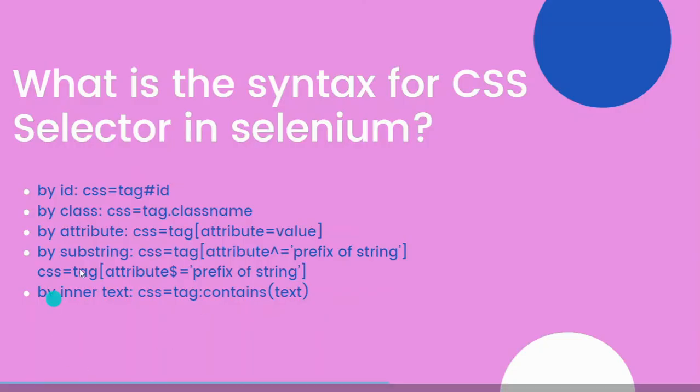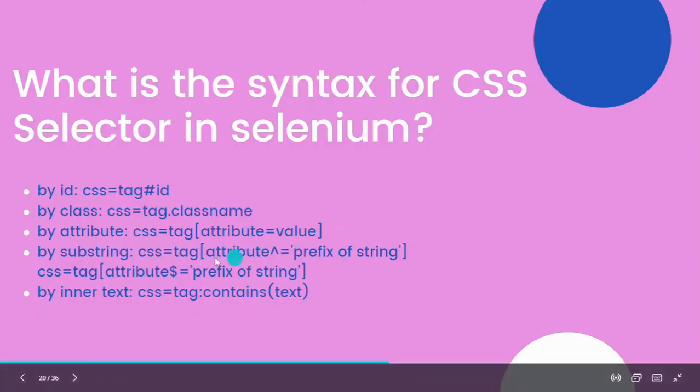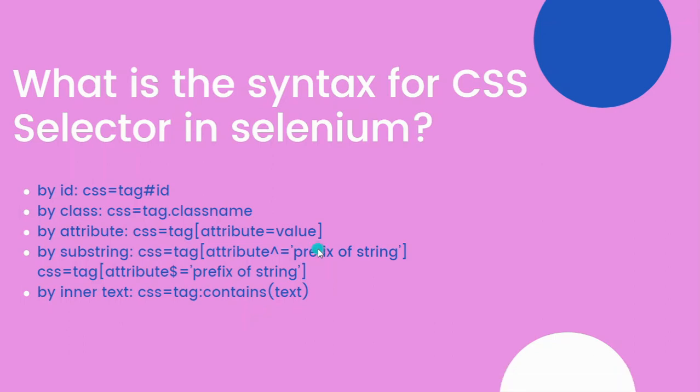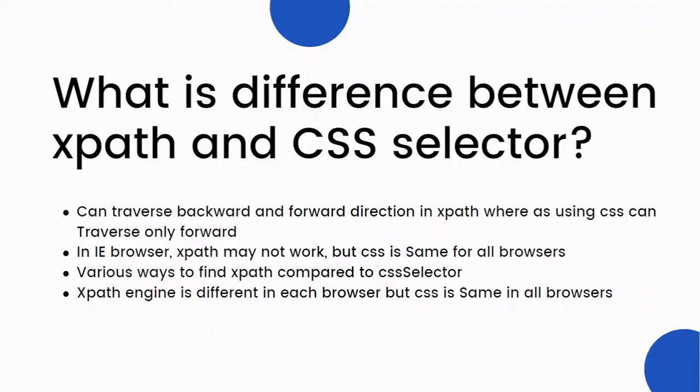But in the CSS selector, we can only move in the forward direction of that web element. We can't traverse backward for the web element. So that is the main difference between the Xpath and the CSS selector. In Xpath, you can traverse forward and backward for any web element, but in the CSS selector, you can traverse only forward.